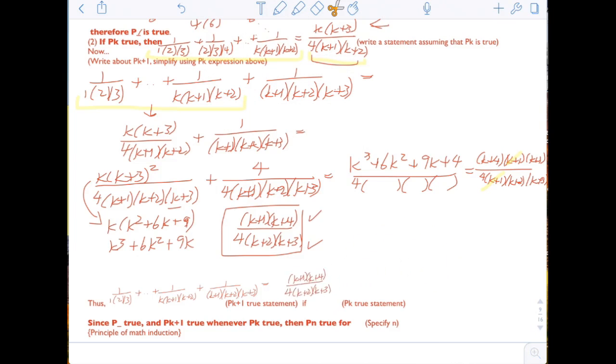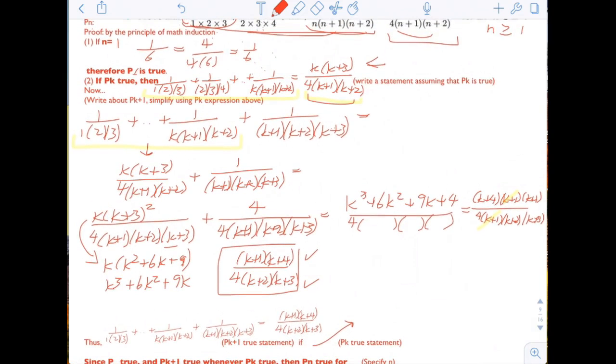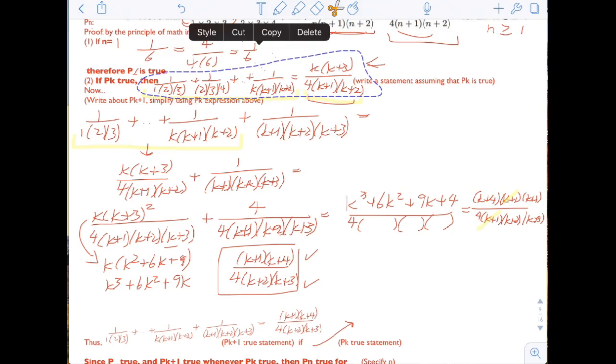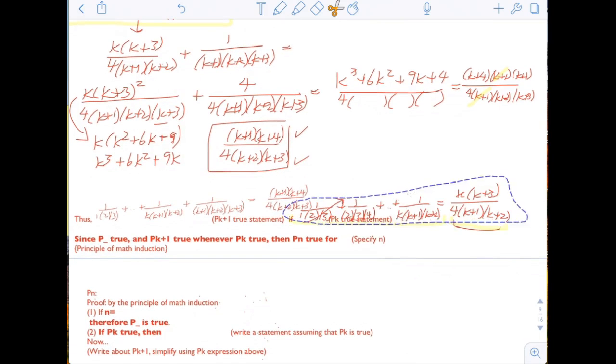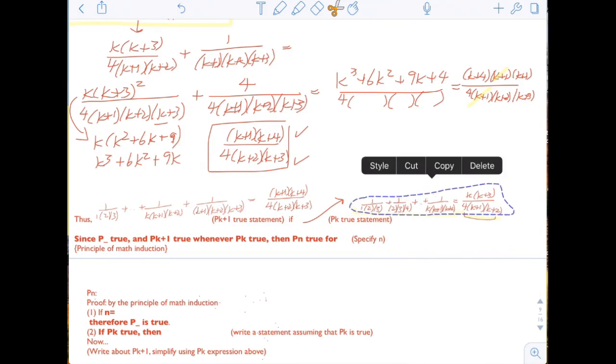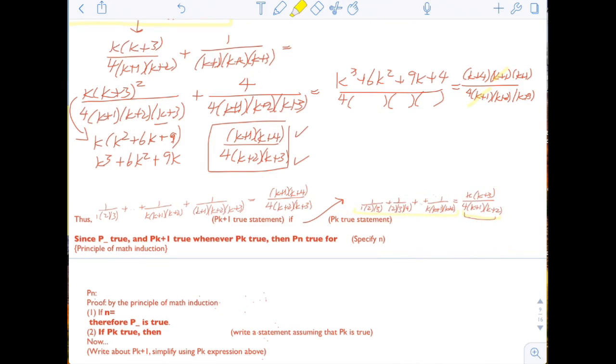And then I'll make it small. Put it there. If the P of K, the original P of K statement is true. And the original P of K statement is up here. Okay, so this here, I'm going to put it here. Okay. So thus, this is true if this is true.